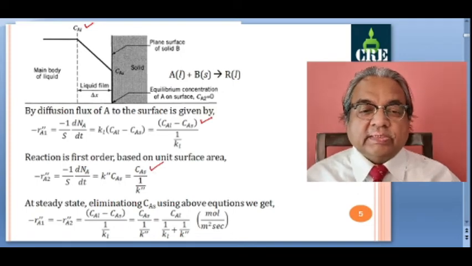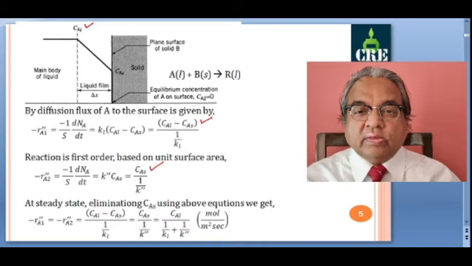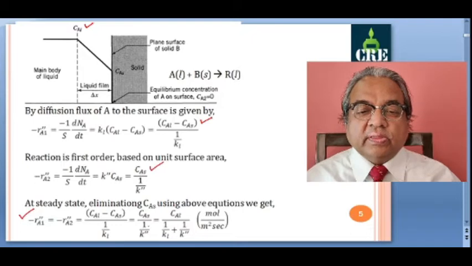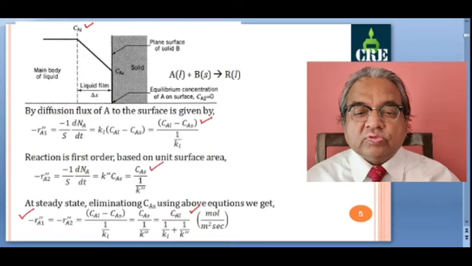At steady state, we can equate these rates. Minus Ra1 double prime is equal to minus Ra2 double prime. I have equated this, and if A by B is equal to C by D, then this can be written as A plus C by B plus D. So using this rule, CAS plus minus will cancel out, so CAL in the numerator divided by addition of these two resistances.